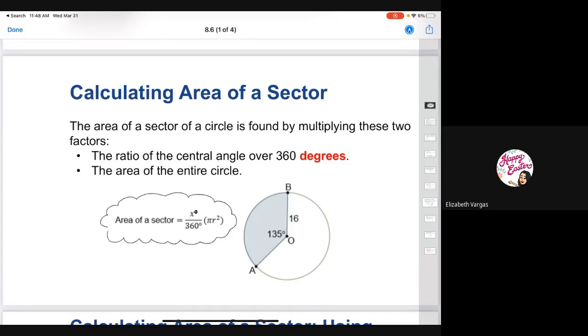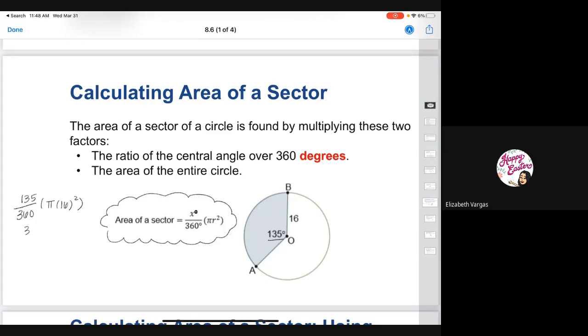So if we have our central angle in degrees, which we do here, we have 135. Basically, we can find the area of the sector. If I wanted to solve for this one, I would just do 135 divided by 360 times pi. What's our radius? 16 squared.